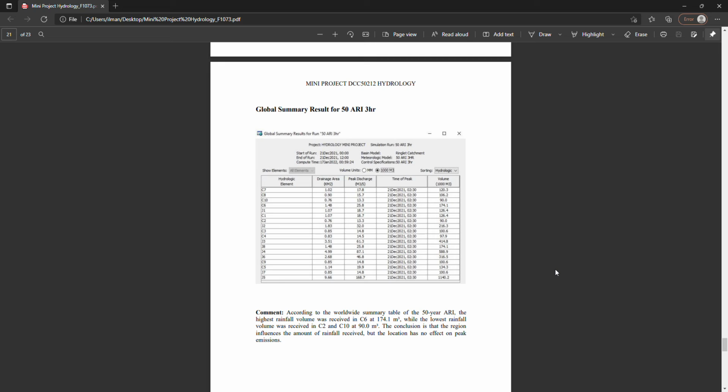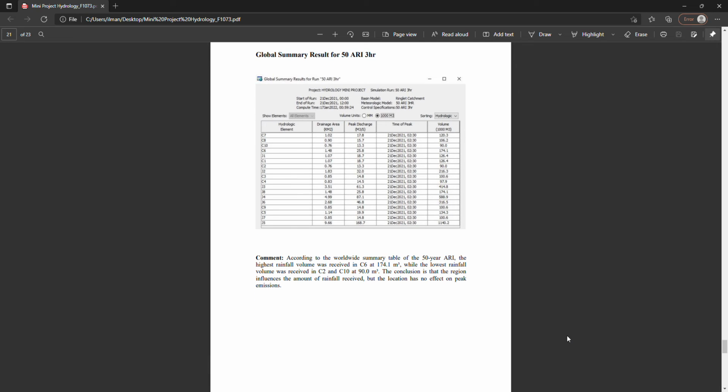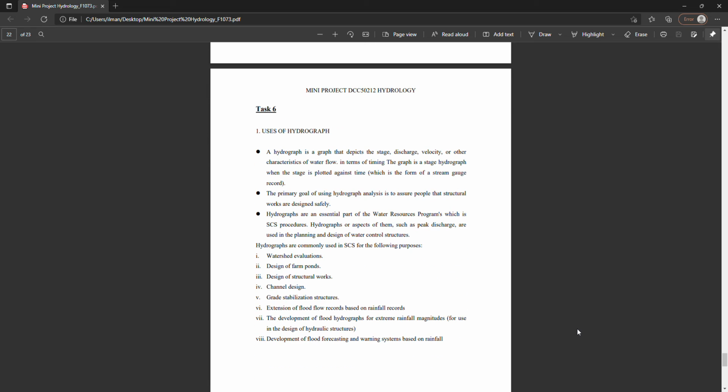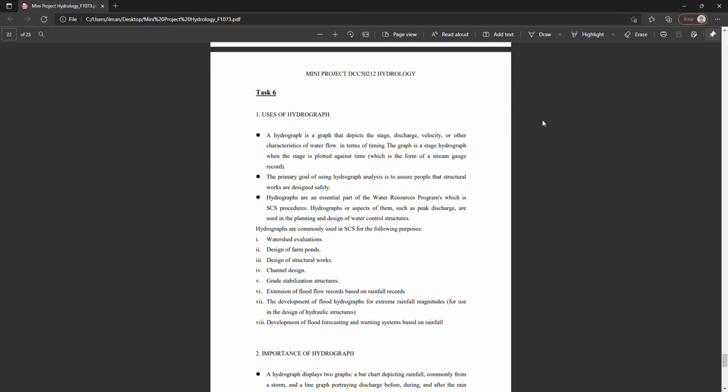According to the global summary table of 50 years ARI, the highest rainfall volume was received in C6 at 174.1 meter cube, while the lowest rainfall volume was received in C2 and C10 at 90 meter cube. So the conclusion is that the region influences the amount of rainfall received, but the location has no effect on peak emissions.